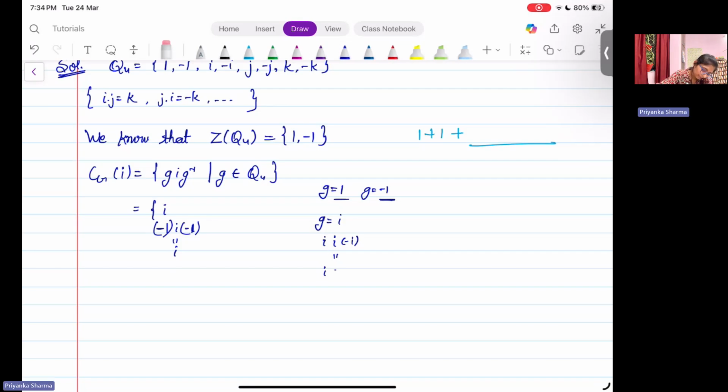Or we can simply write it as I inverse. So this will be the identity and we will get I again. If we take G as minus I, we will get I and minus I inverse. So from here also again we will get I.